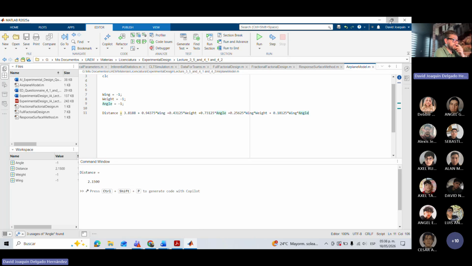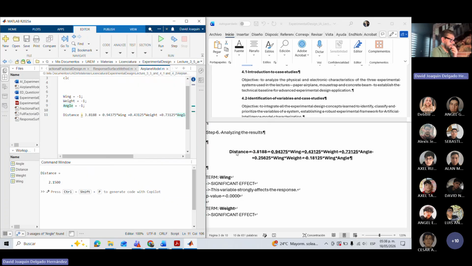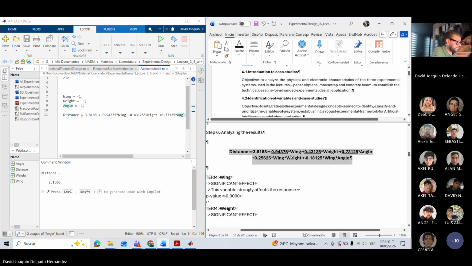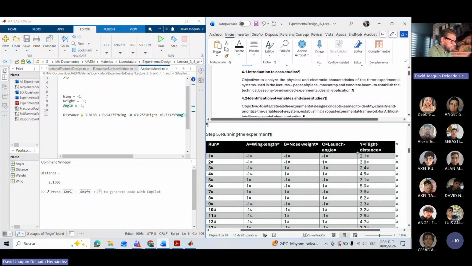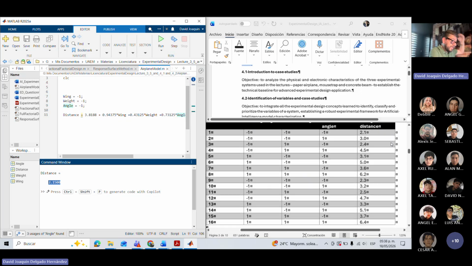So let us look at the actual result. Okay. 2.1, okay? When I put -1, -1, and -1 in this model, my result is 2.15, but the actual result is 2.1 here, and down there is 2.3. So the residual is the difference. So let us put here the residual.